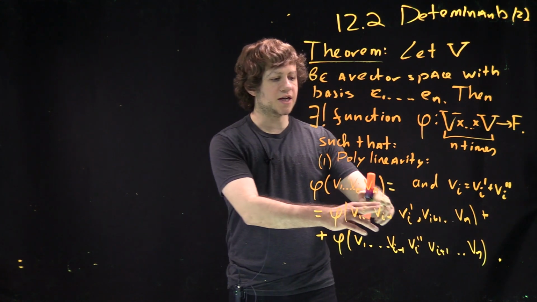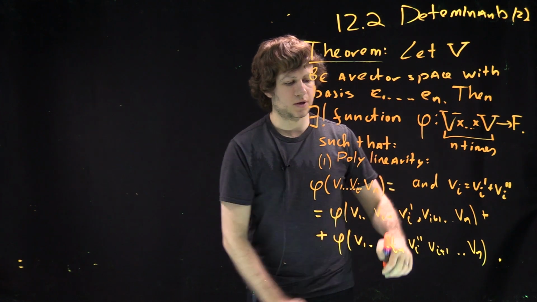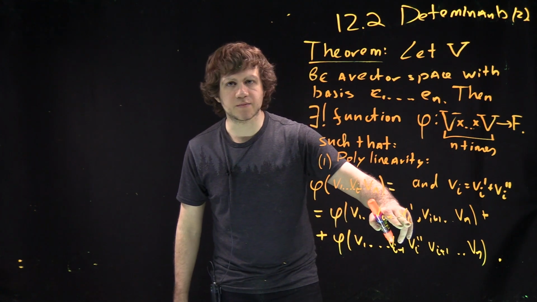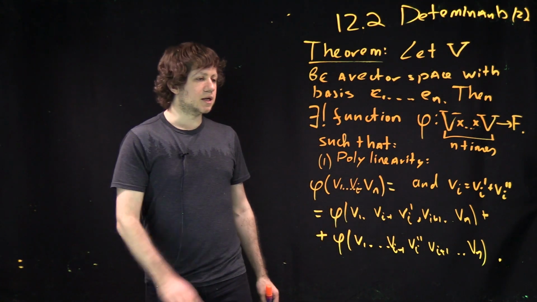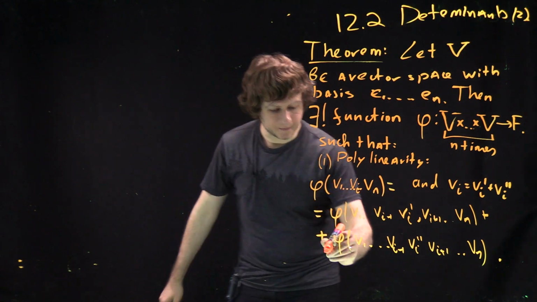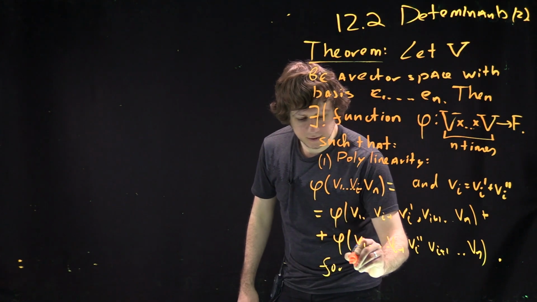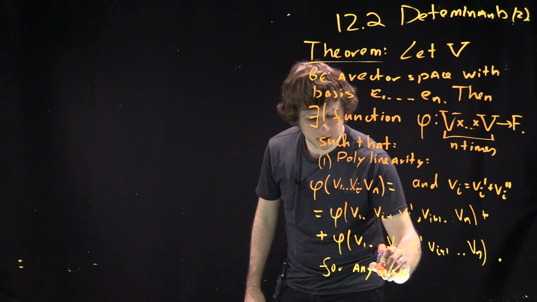So if you decompose one vector as a sum, then the function is a sum of the functions where we take Vi prime instead of Vi and Vi double prime instead of Vi. So this is the first property, and this is true for any i from 1 to n.